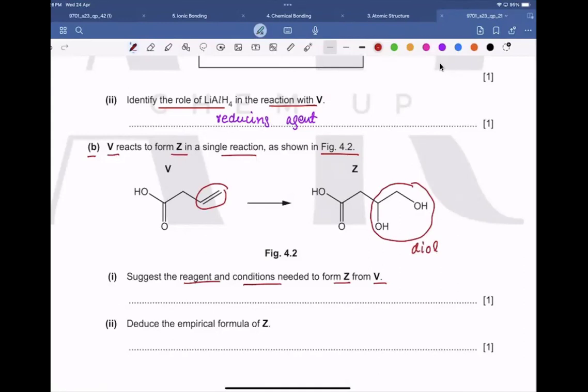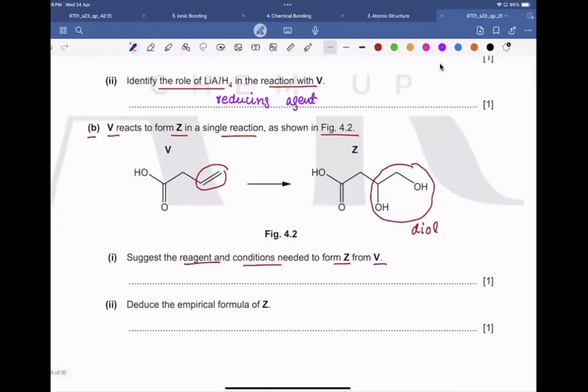So what are the reagent and condition? Can anyone recall? Yes, it's cold, dilute, acidified KMnO4. If you just write cold, you will not get the mark. If you just write dilute, acidified, you will not get the mark. You have to mention both cold and dilute.